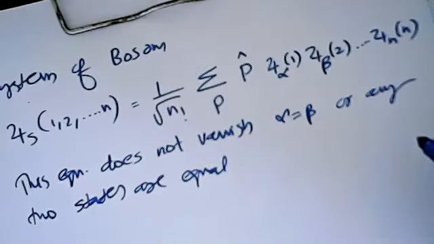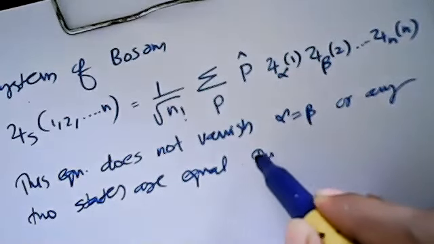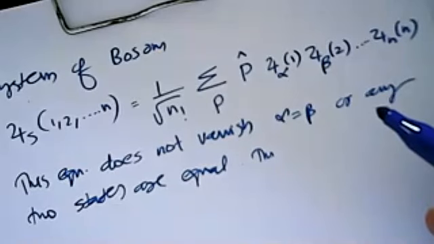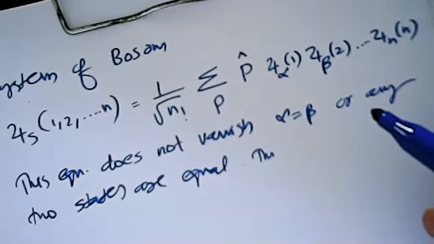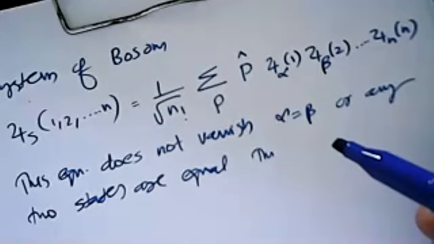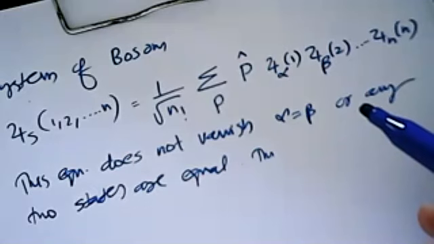Thus, there is no exclusion principle obeyed by the bosons. So bosons can occupy the same state for any number of particles.